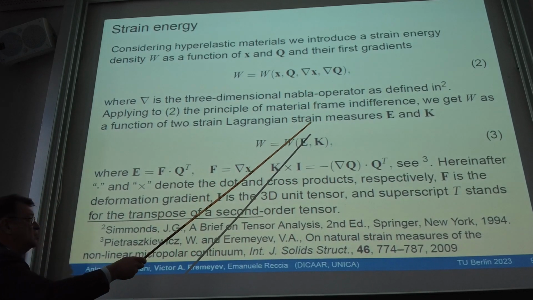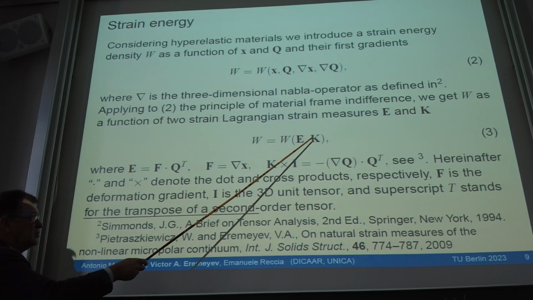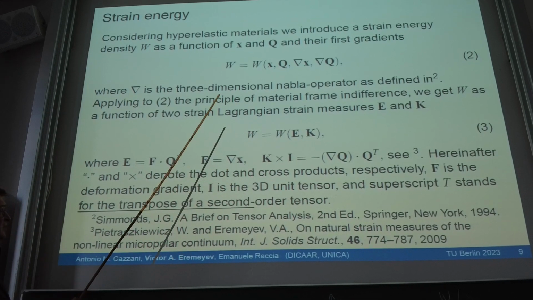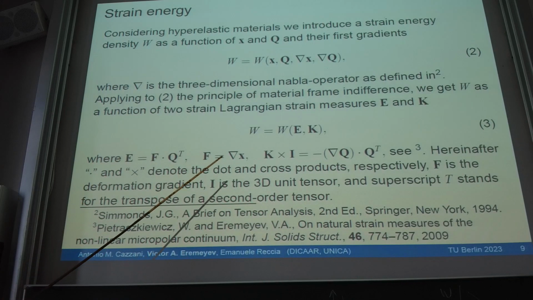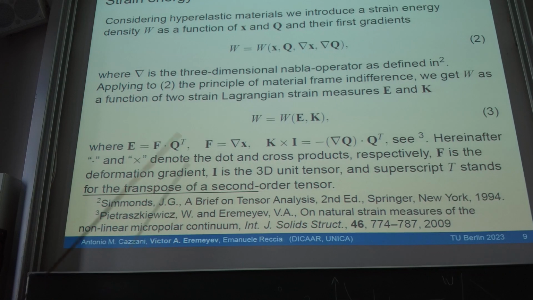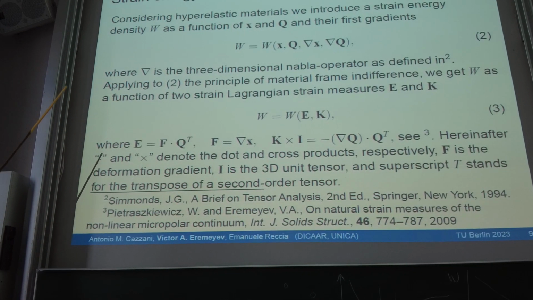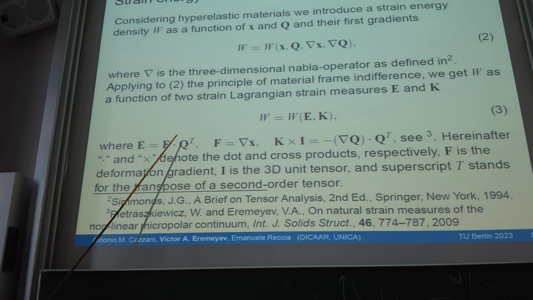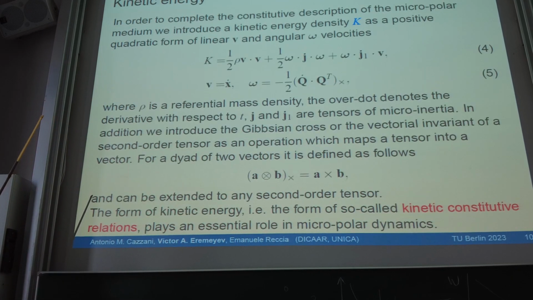It could be reduced to two strain measures, both of them non-symmetric second order tensors, which are written here, and we discussed this in this paper, which also came from natural observations that some people use different strain measures in Cosserat continuum. So, okay, we have these two strain measures. This is the constitutive equations which we have.